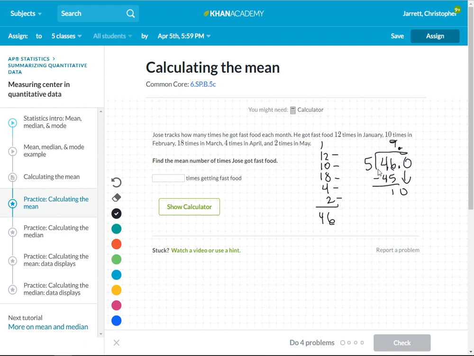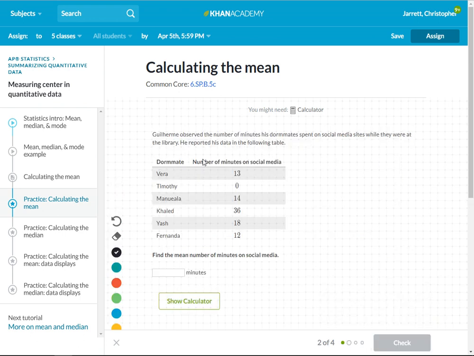Bring this decimal up. 5 goes into 10 2 times. So that would be 9.2 times per month, because this is exactly 10, difference of 0. So the mean number of times Jose gets fast food is about 9. We're going to put 9.2 though, because they didn't ask us to round.